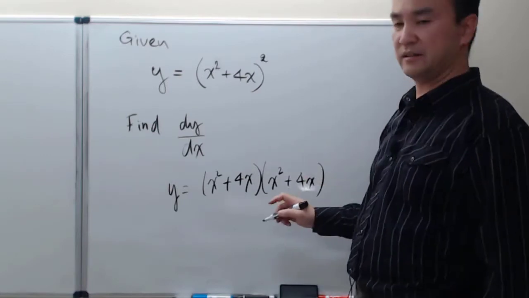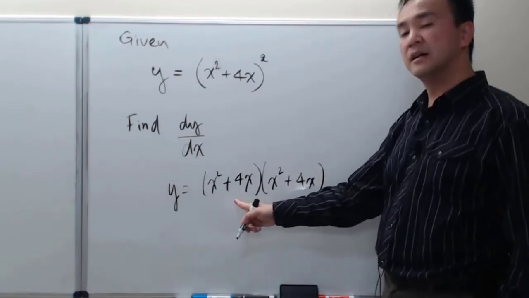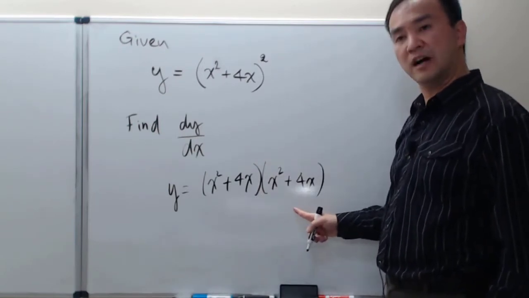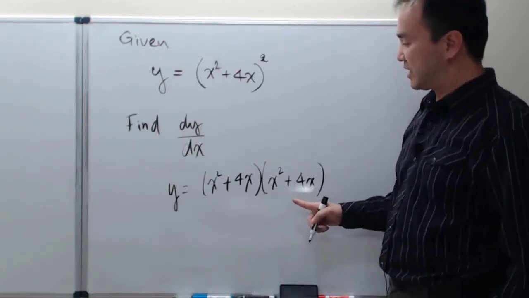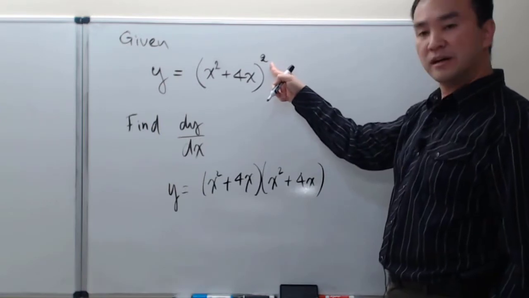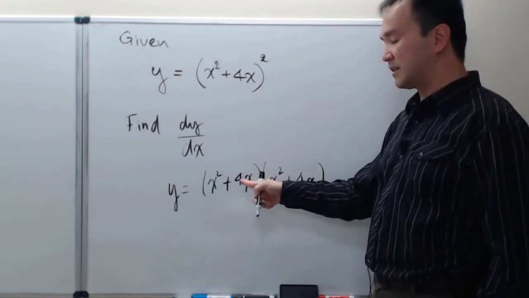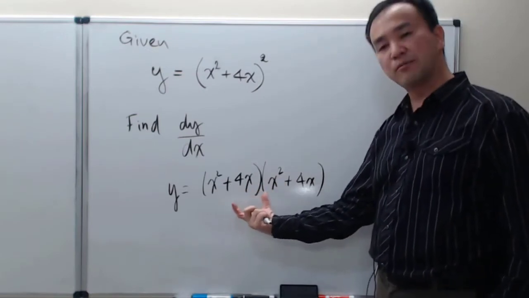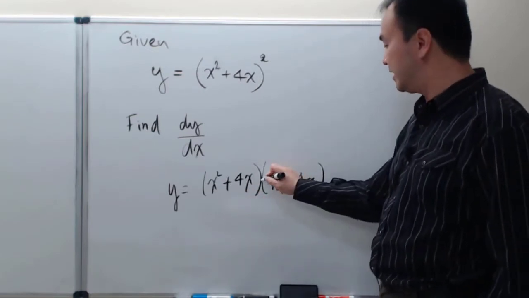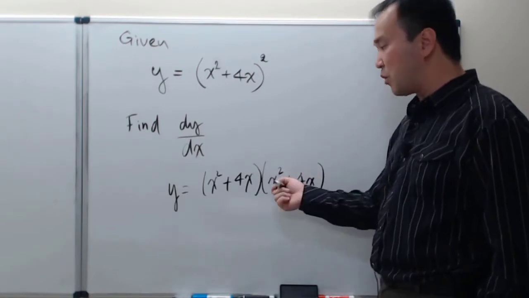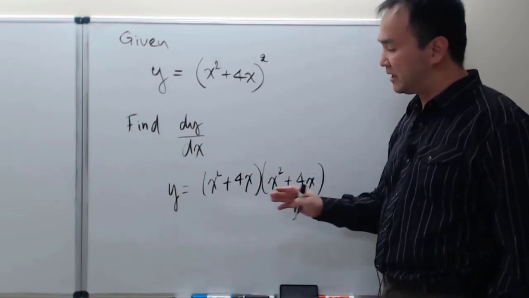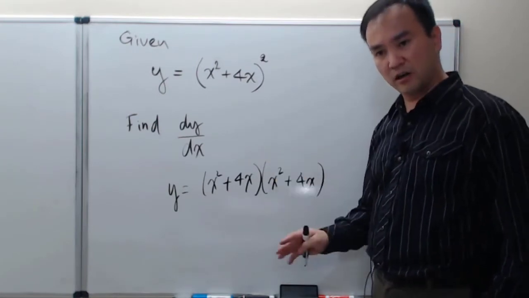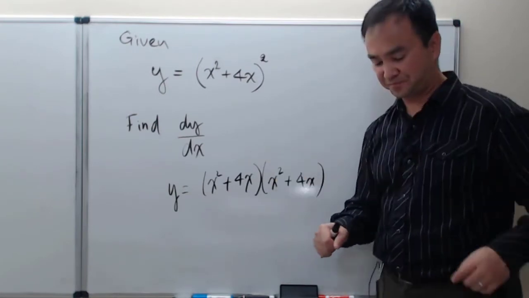Anyone viewing this video must have seen how this has been done throughout my past lecture videos. I'm simply putting the square as a product of two identical factors. Somebody at this point can use the product rule to apply directly to find the derivative. That's one way. I am not going to use the product rule in this lecture, even though it's all going to arrive at the same answer.